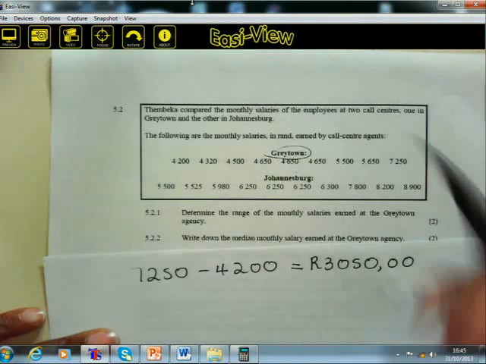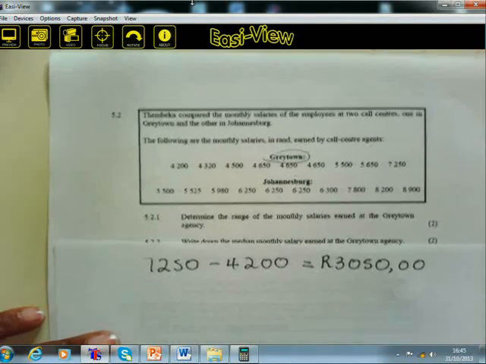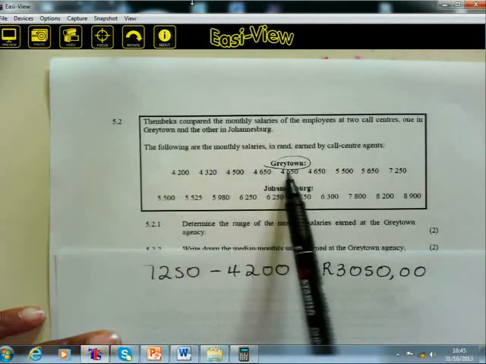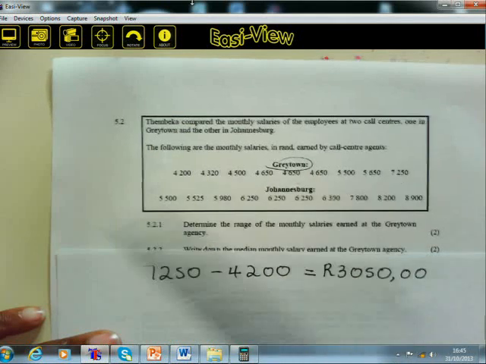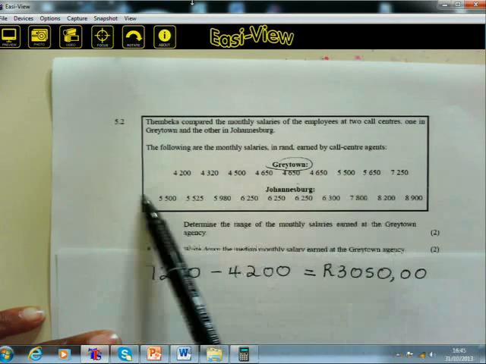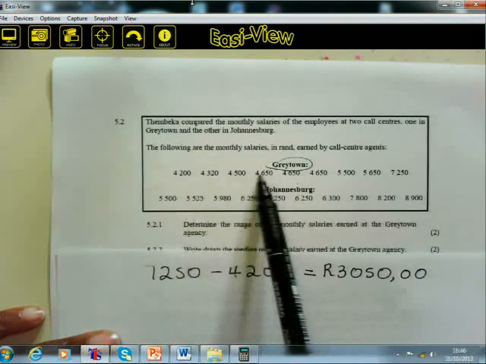So let us look. We go to Greytown because the question is asking about the data set of Greytown. How many numbers do we have? 1, 2, 3, 4, 5, 6, 7, 8, 9. 9 numbers. So the middle number must leave 4 numbers this side, 4 numbers on the other side. 1, 2, 3, 4.